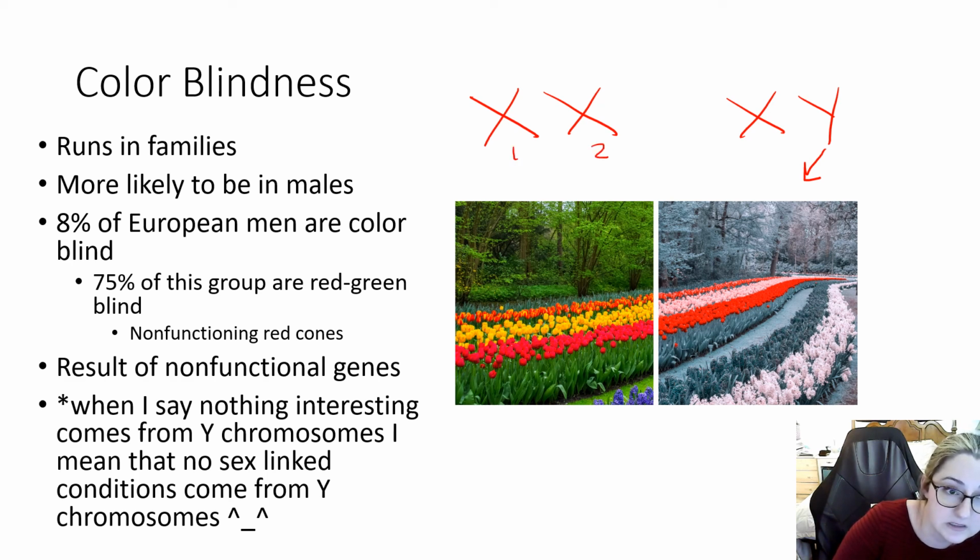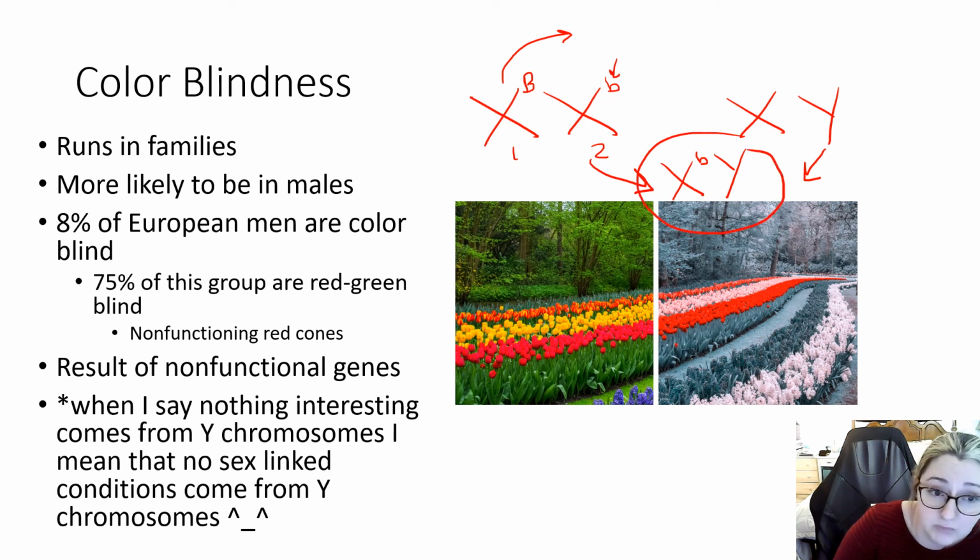If one of the X's has color blindness, which I'll represent by this lowercase b here, and unfortunately when it comes to Y chromosomes, there's nothing all that interesting. You're going to get either this dominant trait or a recessive trait. So from mom, you can get this recessive trait here, and then nothing from dad, it doesn't matter. But a boy born with this recessive trait from mom is going to immediately have colorblindness.